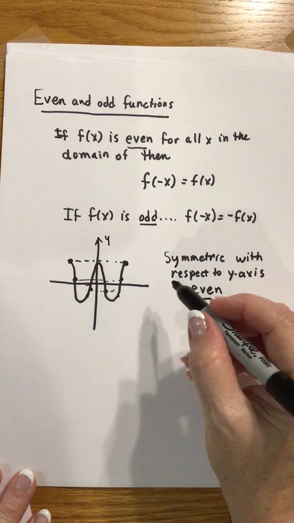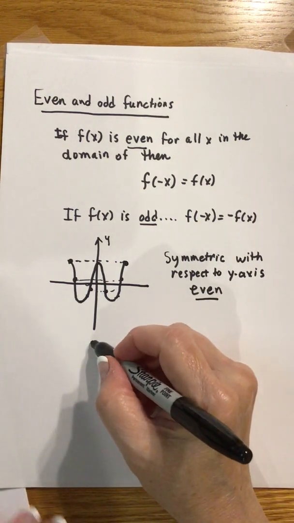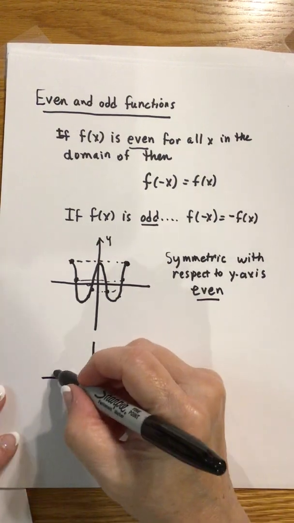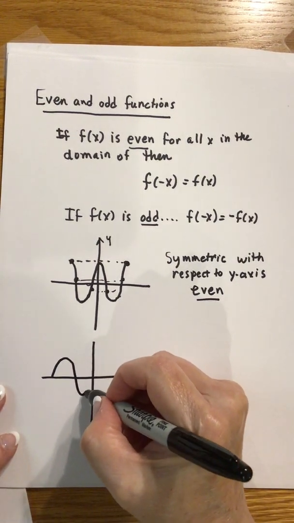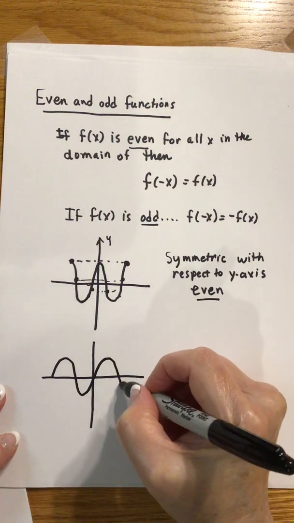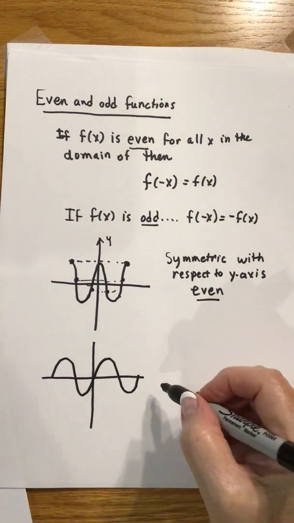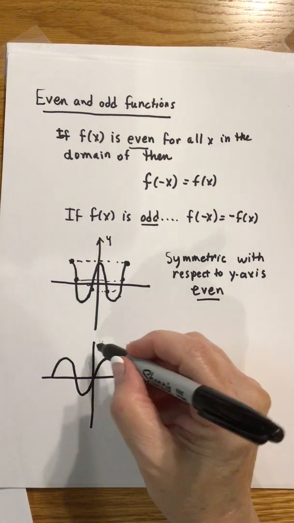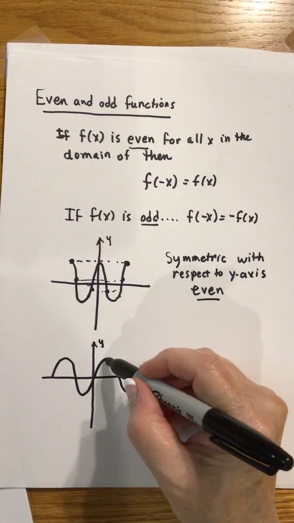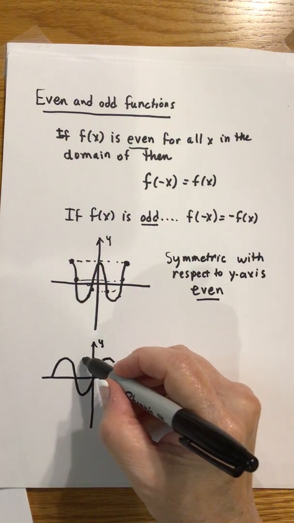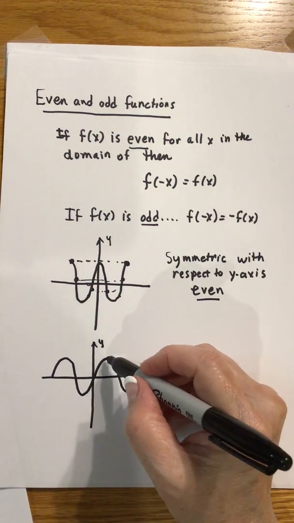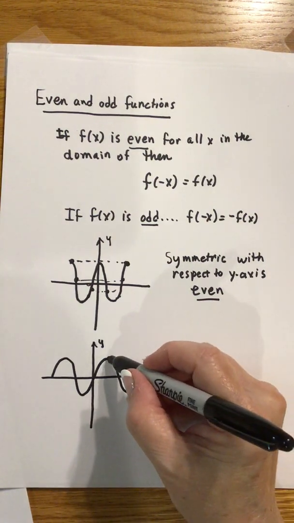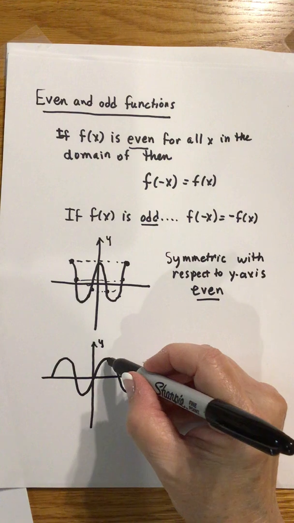Now, the next one, for the odd function, its graph is going to look something like this. Okay, so this one is not symmetric with respect to the y-axis, because this point right here doesn't have anything to reflect to on this side. So we know that that can't be even. If it's odd, then the f of x over here is equal to the opposite.